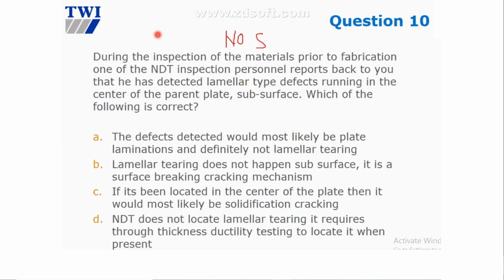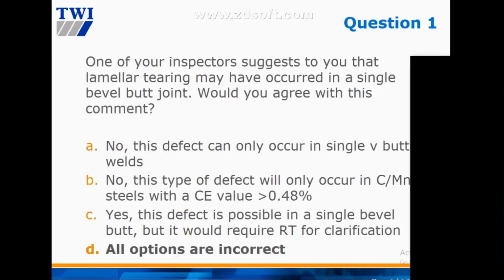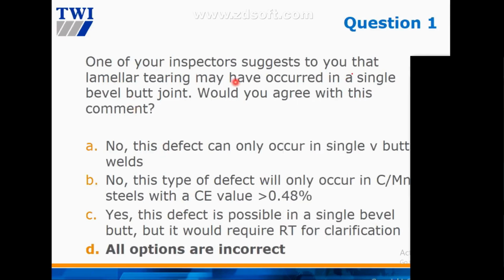Yeah. All right, look at question number 1. One of your inspectors suggests to you that lamellar tearing has occurred in a single bevel butt joint. So that statement is already wrong here.